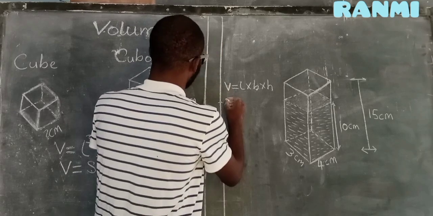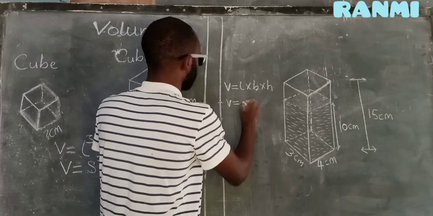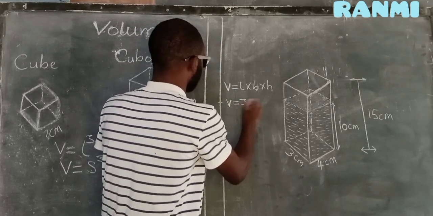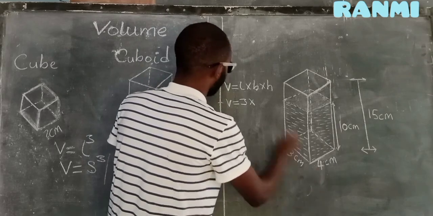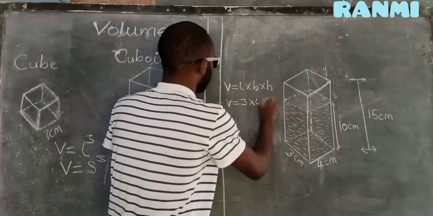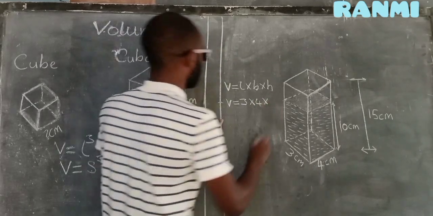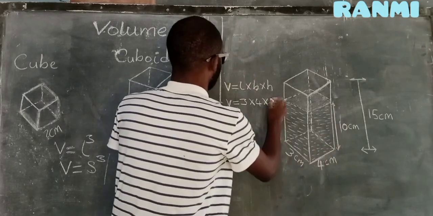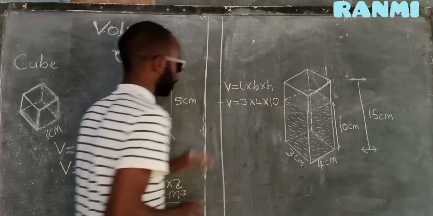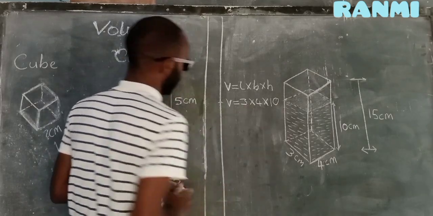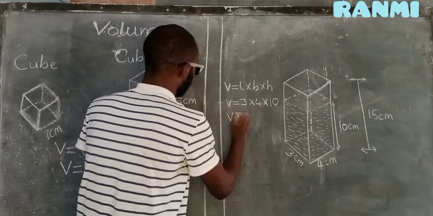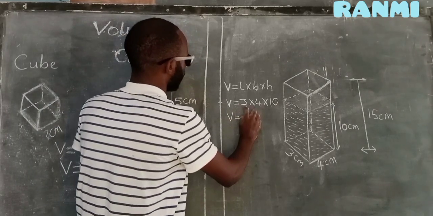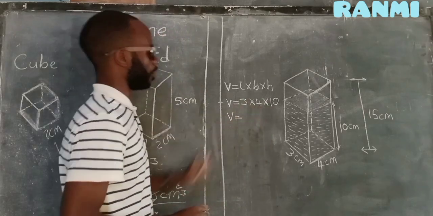So volume is equal to the length 3 centimeters times breadth 4 and the height of the liquid. The height of the liquid is 10 centimeters. So we put 10. We multiply the numbers. Volume is equal to 3 times 4, we get 12.